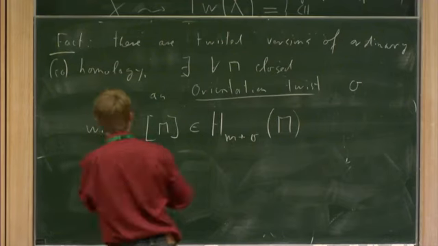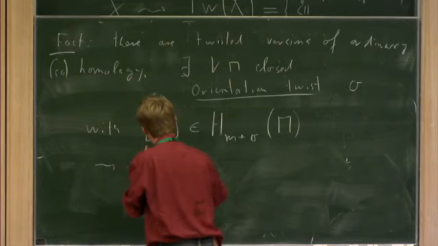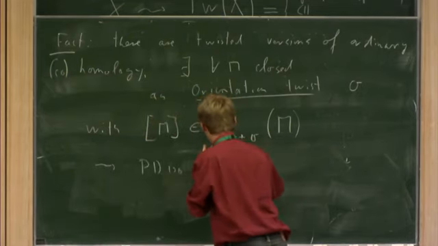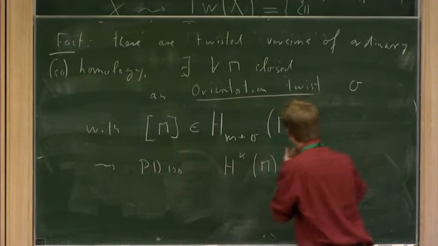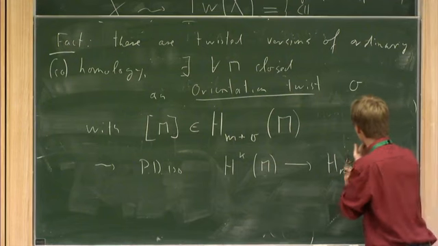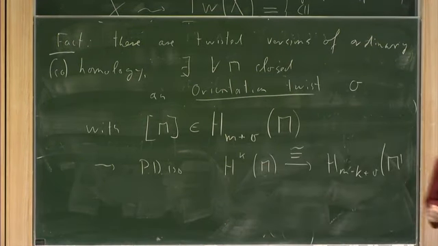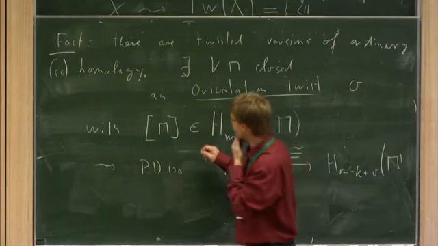And we also have Poincare duality between ordinary cohomology and twisted homology. So the twisted versions kind of cure the problem that we don't have orientability. Let me make one more remark. This class is always there.